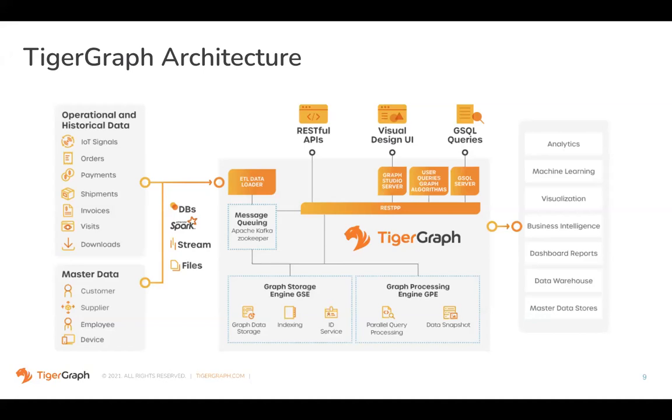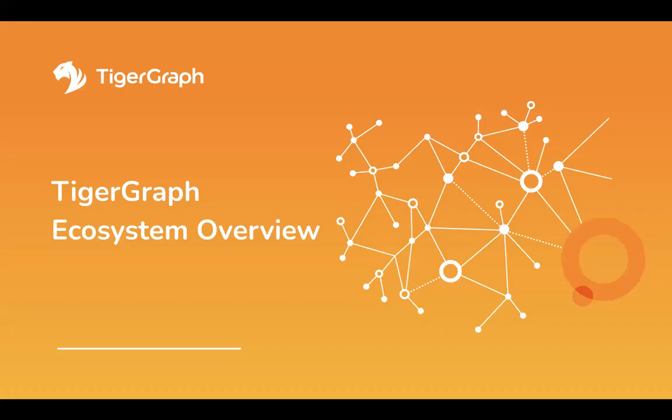So all of those are things that we have looked at, and that's where our renewed focus is, in terms of not just focusing on the core database, but building an ecosystem. That way TigerGraph plays a vital role in terms of being a good citizen in your data management space.